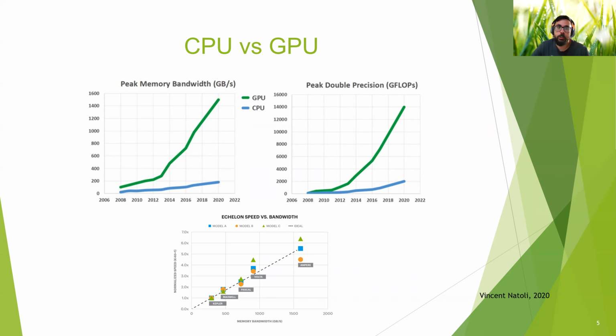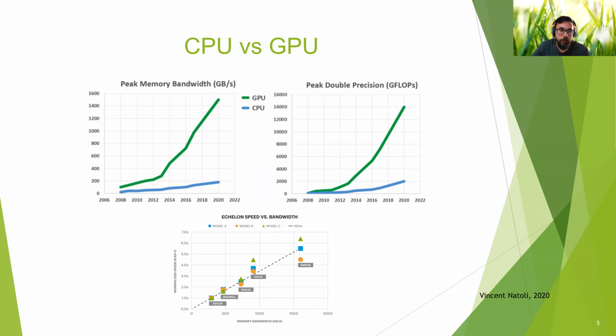For problems such as reservoir simulation, peak memory bandwidth is even more important. However, both characteristics show quite an exciting difference between GPU and CPU, and the gap continues to increase.